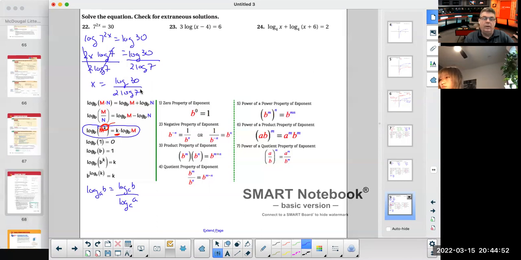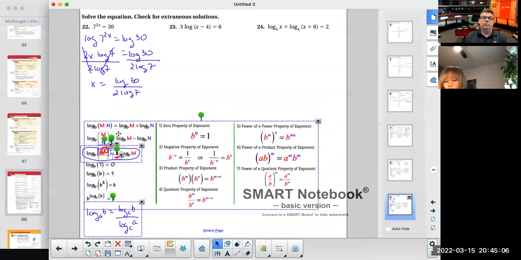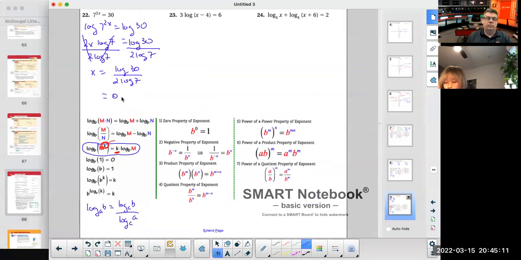And I get 0.873, or 0.874 if I round it correctly.